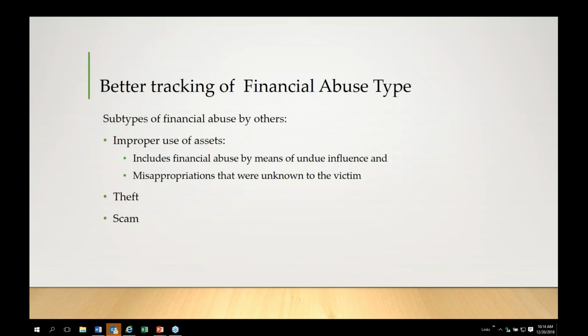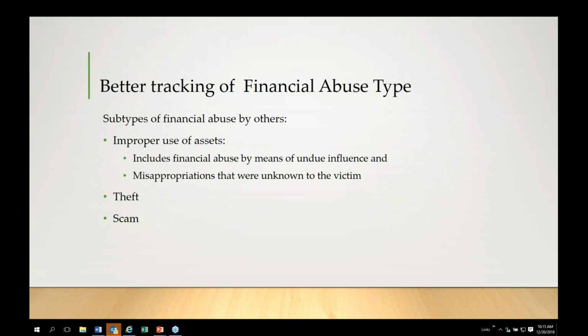We have added some subcategories in financial abuse that you haven't seen before. This was one of the areas that our PSOC committee wanted to make sure we covered. So we have three subcategories now.